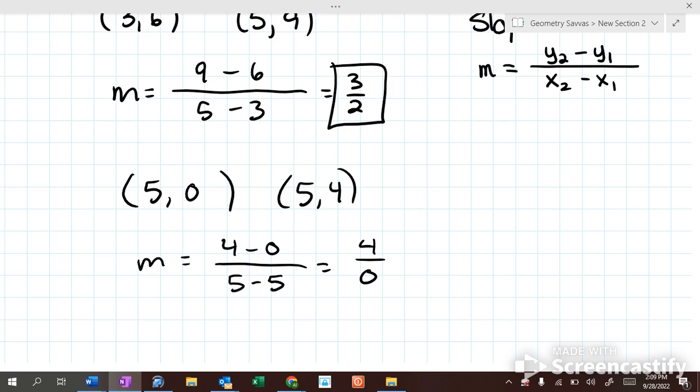It says divide by 0 error. Try that again, Zwak. 4 divided by 0. All right, there you go. It's an error. 4 divided by 0, this line is undefined slope. It's an undefined slope. Okay?